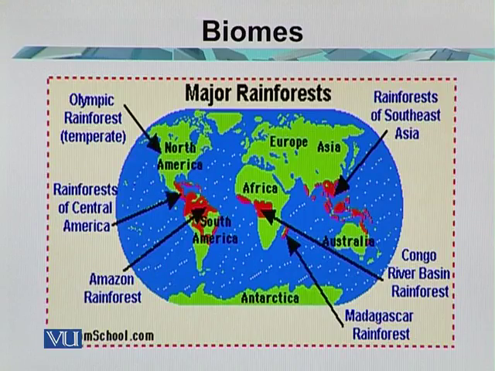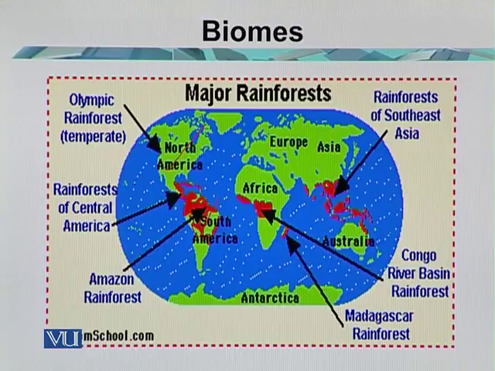Now these are the locations of the rainforest. Number one belongs to North America. It is actually called the Olympic rainforest, which is in the temperate area. The area which is under Central America is called the rainforest of Central America. The rainforest which is in the southern part of America is the Amazon rainforest, which is very important here.